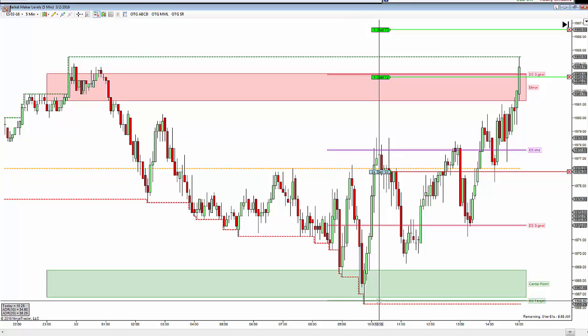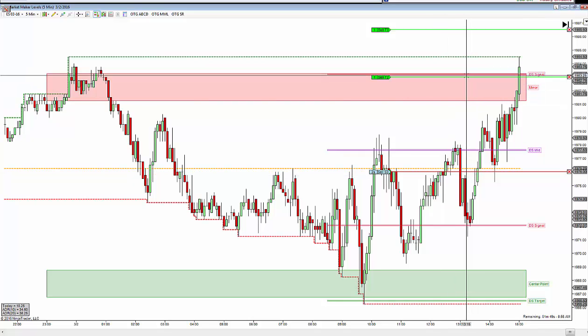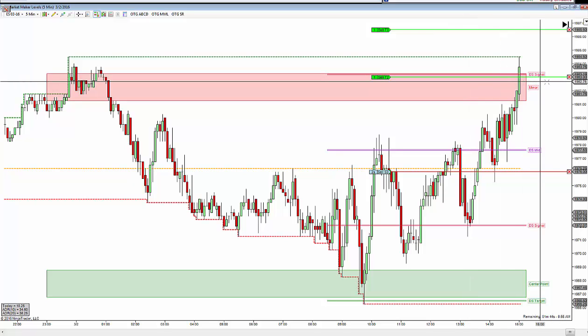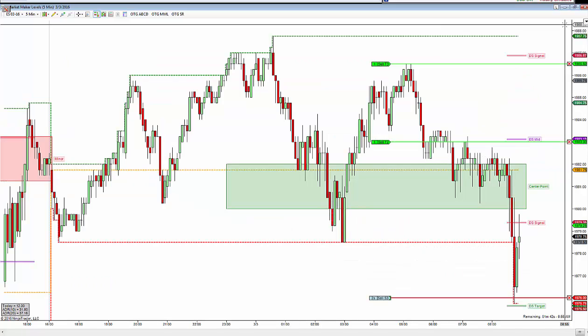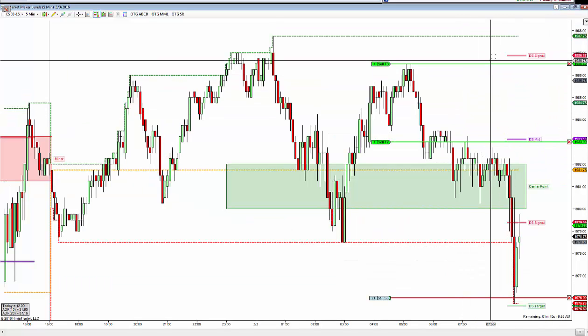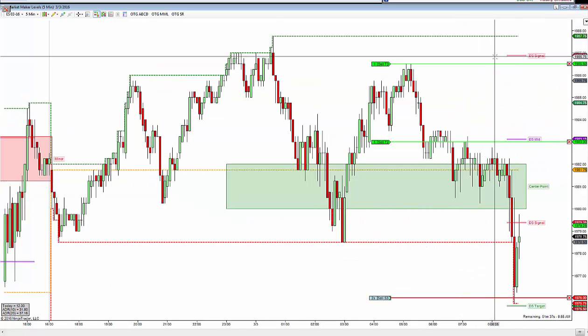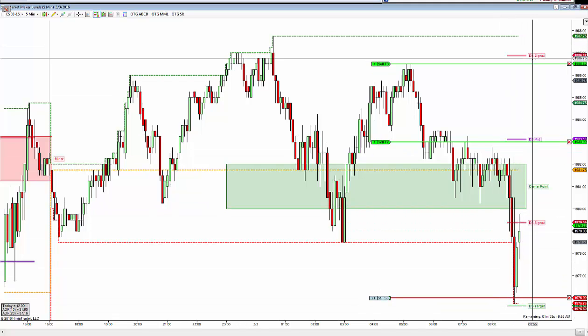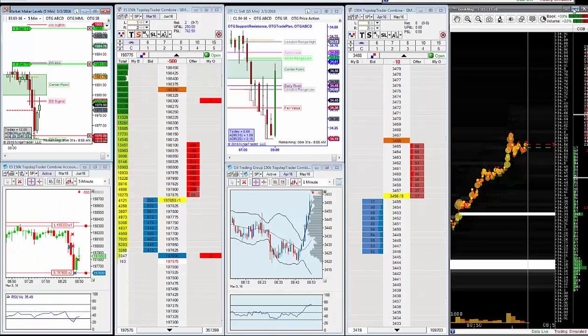I should have. 1966 half went all the way up to 1983 quarter. So 66 to 83 is 17 points. Well, that would be the place to get short again, right on the other side of this daily structure signal. So I'm going to try to ride this long to the short, and then I'll look to maybe get short again off the daily structure signal.